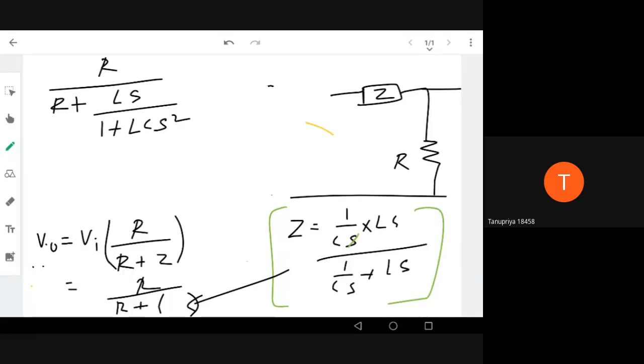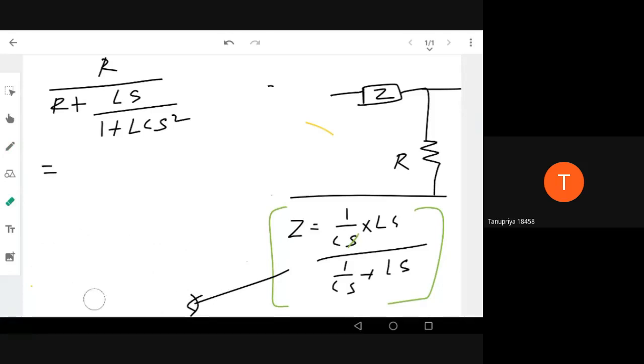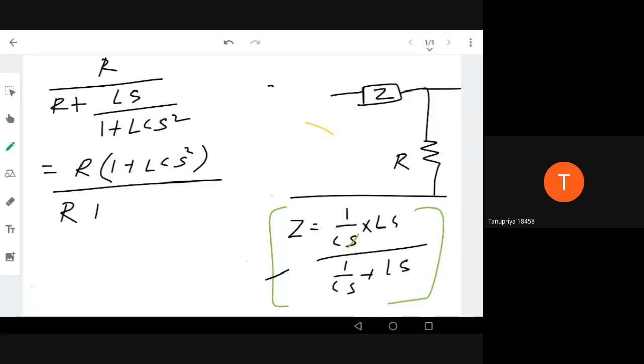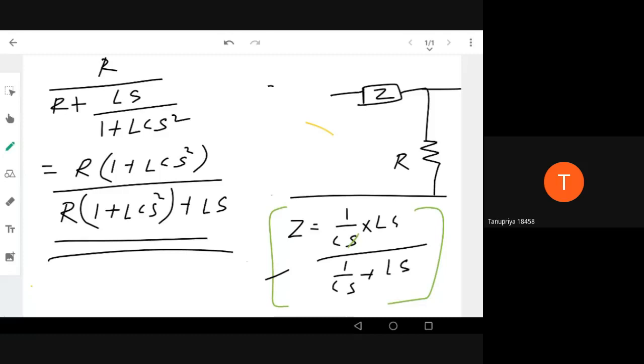So if I simplify this again, r into 1 plus LCS square divided by r into 1 plus LCS square plus LS. Yeah, 1 plus LCS square divided by LS plus r into 1 plus LCS square. Yeah, fine. Okay, so this is what you get.